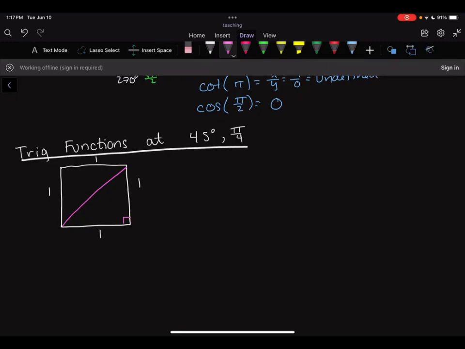And if this is a perfect square, and I know that because all the sides are the same, then if I split this angle over here in half, this would be 45 and this would be 45. That's because they were originally 90 and we cut them in half. This shows me a triangle of 45, 45, 90.